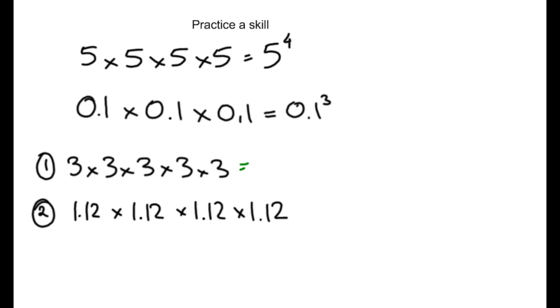This first one here is 3 to the power of 5. And the second one is 1.12 times 3 to the power of 4. So that's just a quick lesson. It's going to help us with the methods that I'm going to show you in a second.